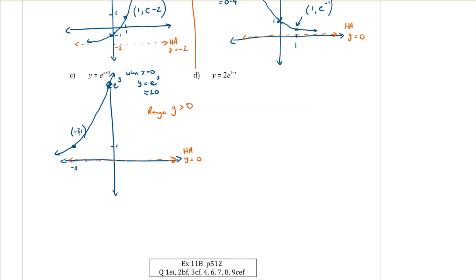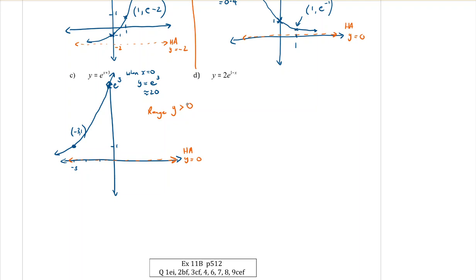And one last one, part D, we have y is equal to 2e to the power of 1 minus x. So we have a 2 at the front of that, which is going to change the steepness. And the 1 minus x is going to move it sideways 1 place, and it'll be 1 place to the positive side, to the right.